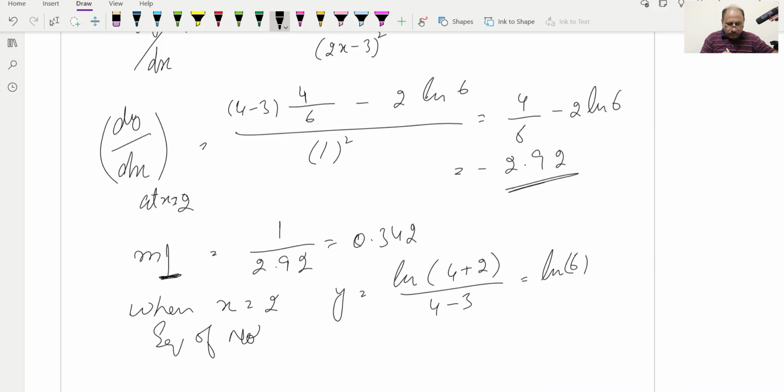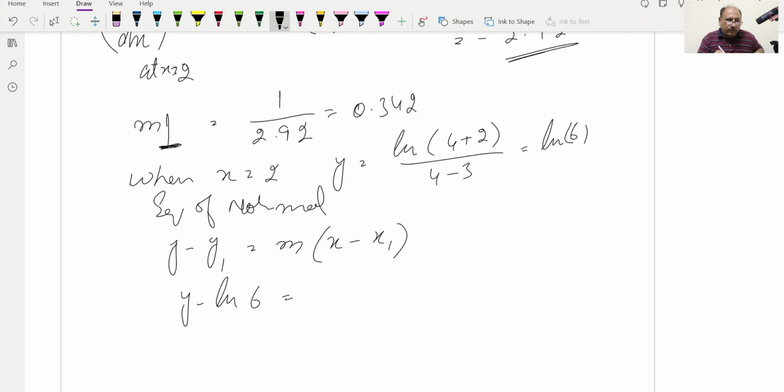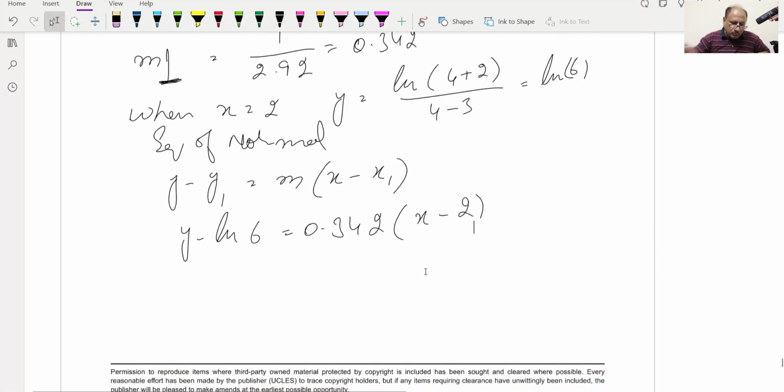The equation of the normal will be y minus y1 is equal to m into x minus x1. So y minus y1 will be log 6 is equal to the gradient which we found, 0.342, into x minus 2, and we take x is equal to 0.